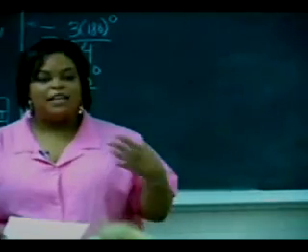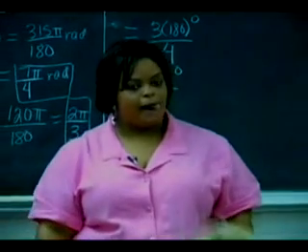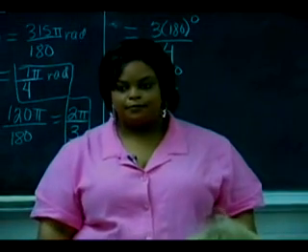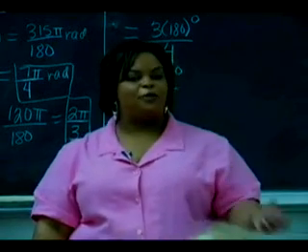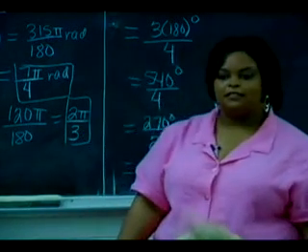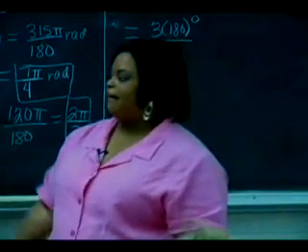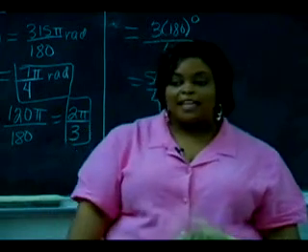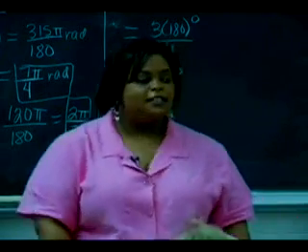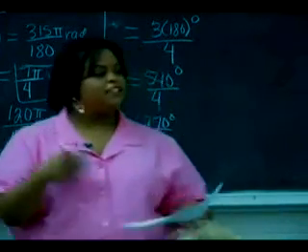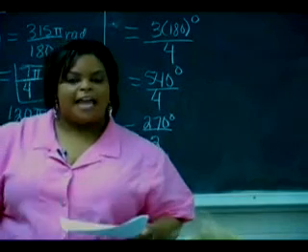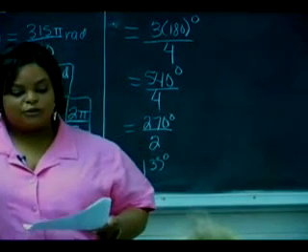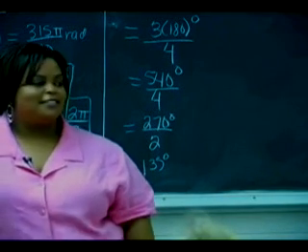Remember when we had coterminal angles and dealing with radians, we added or subtracted what? 2 pi, which means we're going to add or subtract what to get coterminal angles here? What's equivalent to 2 pi? 360, right? So it just follows on. Coterminal angles, we can add or subtract 360 degrees.